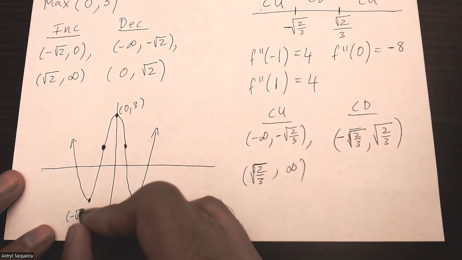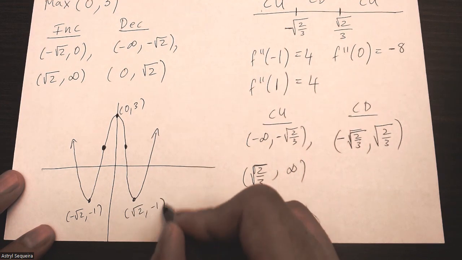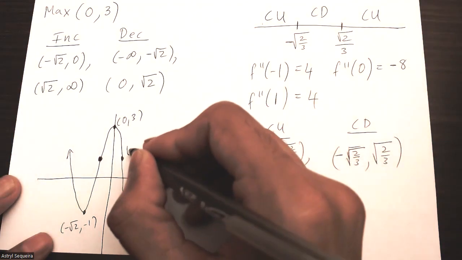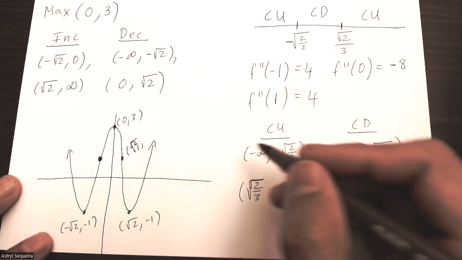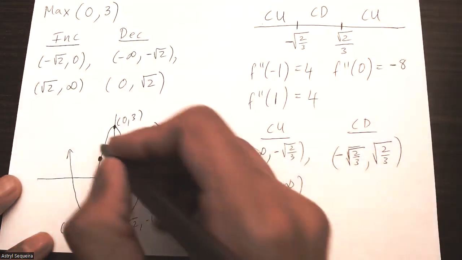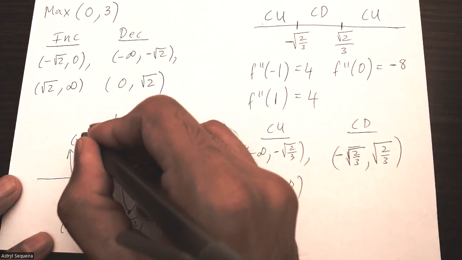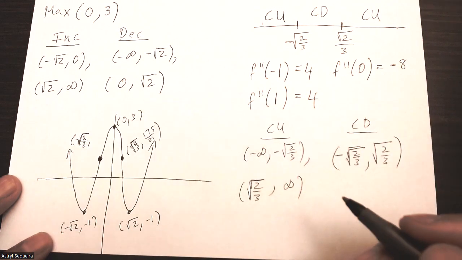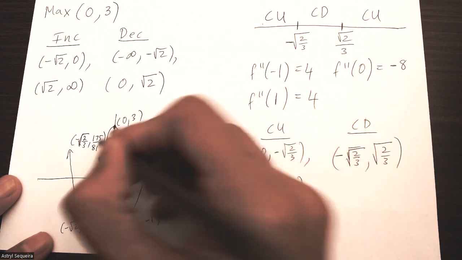Mins are negative root 2 and -1, and positive root 2 and -1. And inflection points are root 2 over 3 and 175 over 81, and this one's negative root 2 over 3 and positive 175 over 81.